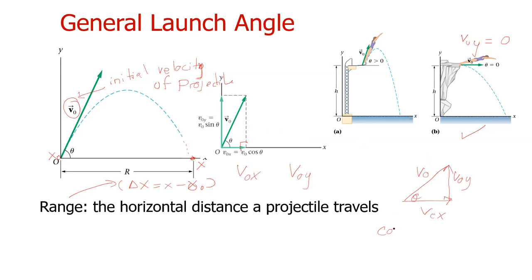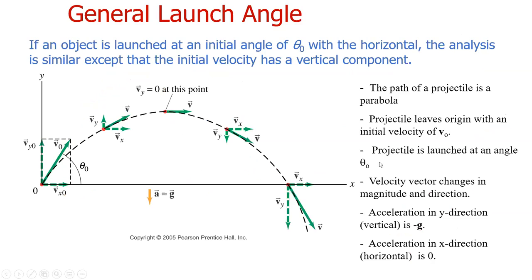I know cosine theta is the adjacent length divided by V naught. So that's how you get V0x as V naught cosine theta. If you are not familiar with that, go back to lesson 1 and check. You see that this is positive. Again, theta is the angle.